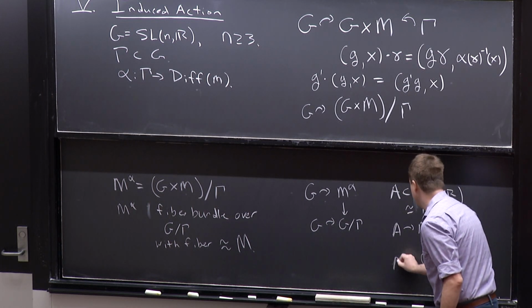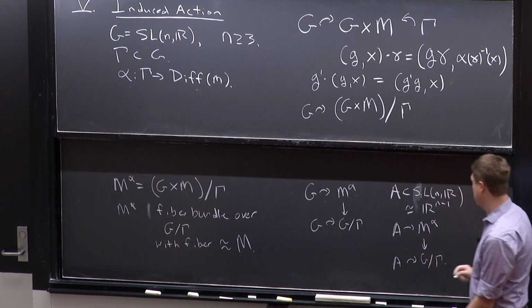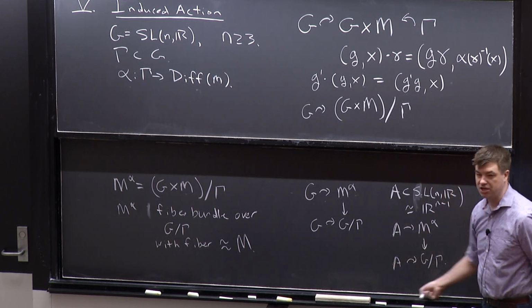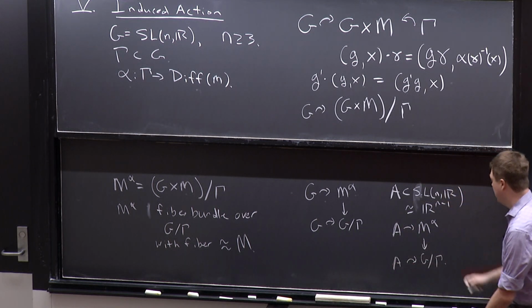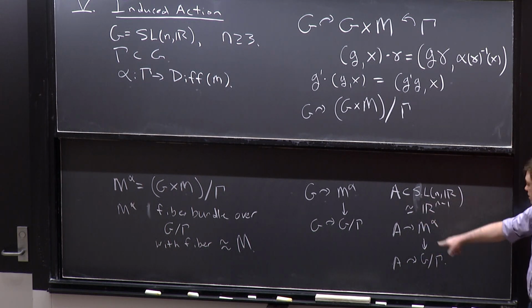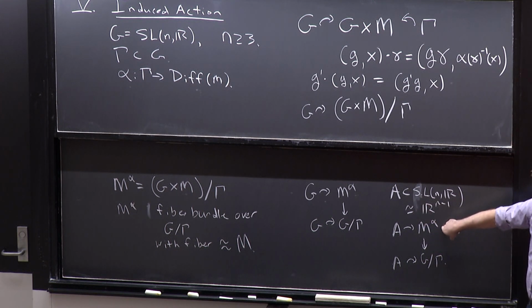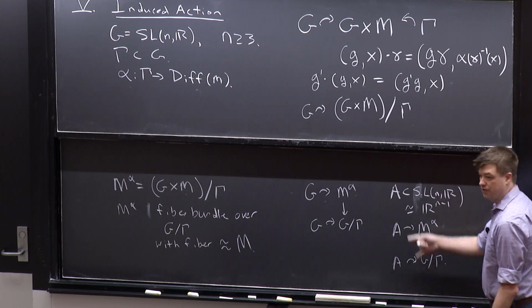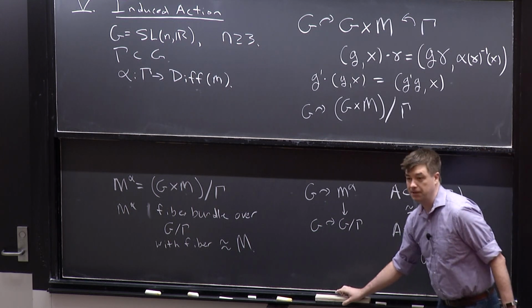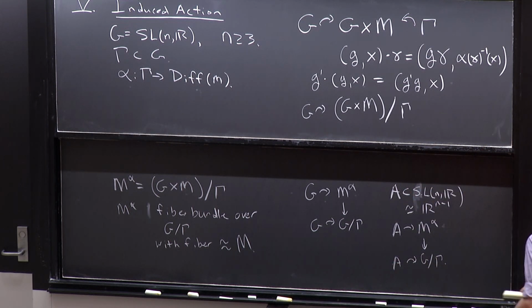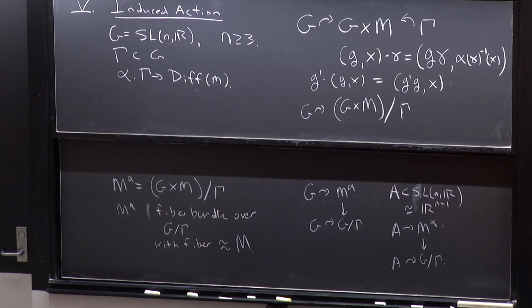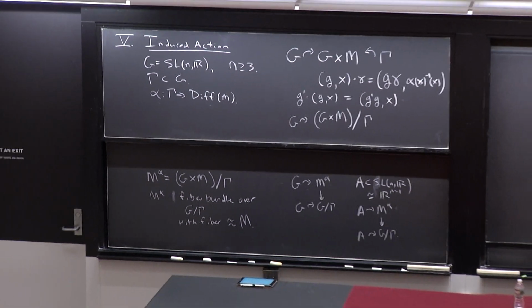There's a lot of work about the A action down here, a lot of things known, and then somehow we can say something about what's happening in the fibers by studying the A action on this total space here. So I'll give you a flavor of some of the things that we can do with this construction.